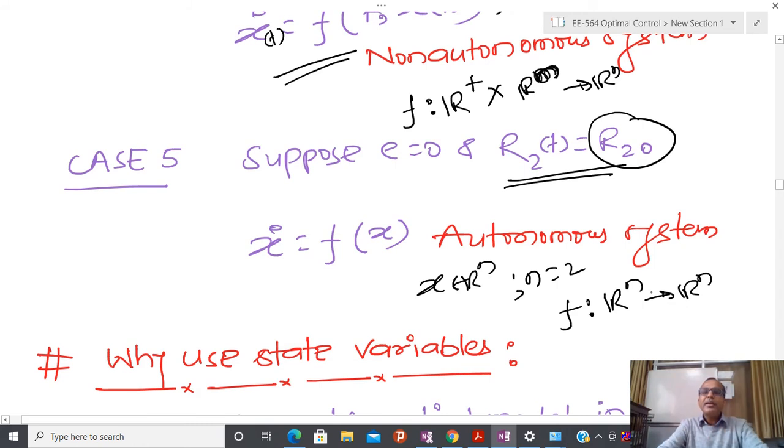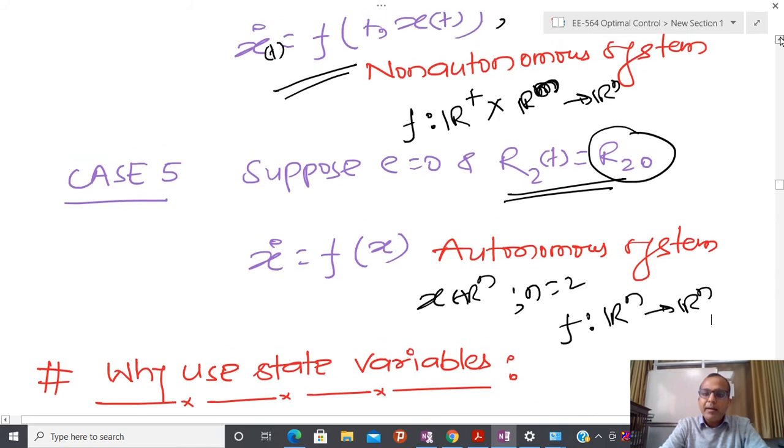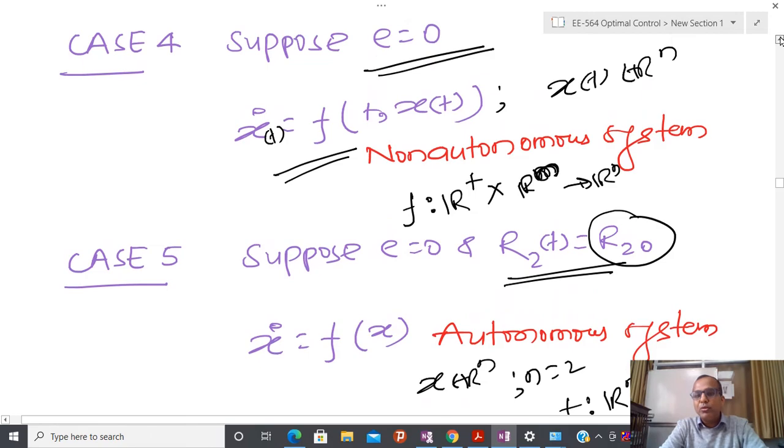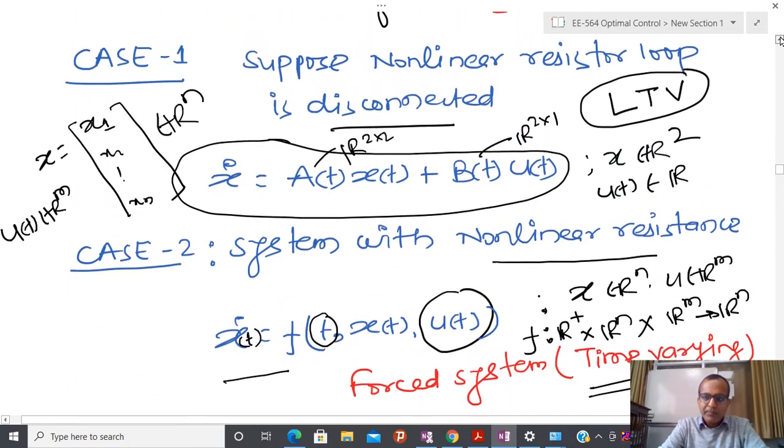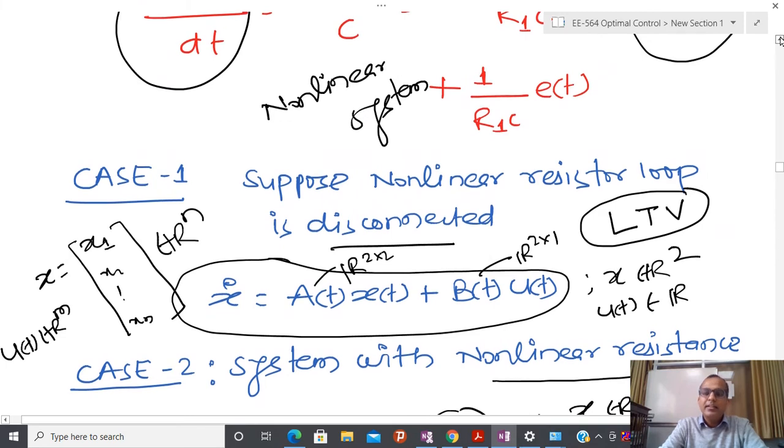So in this way I can define a lot of different classes of system, and you can see that I have forced system, autonomous system, and non-autonomous system. These kinds of terminology I am going to use in this literature. And after that, I have talked about the LTV system. One more class of system is called the linear time invariant system.